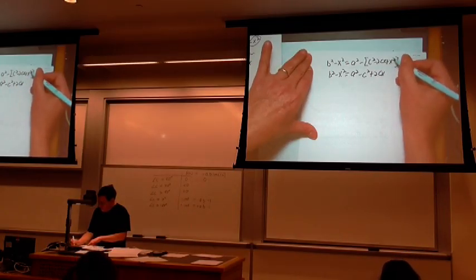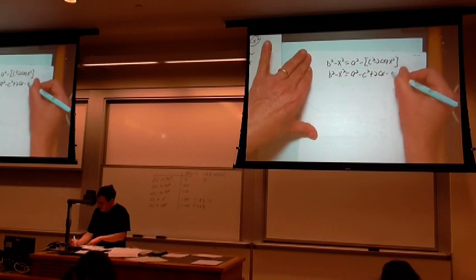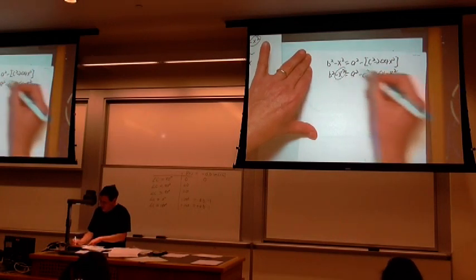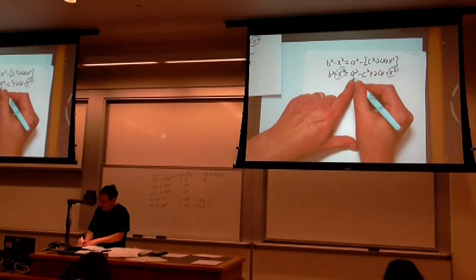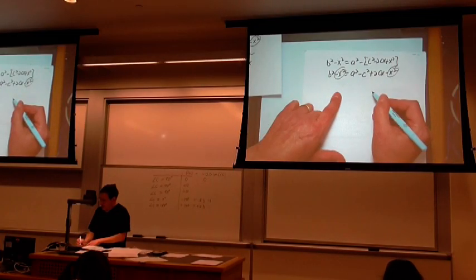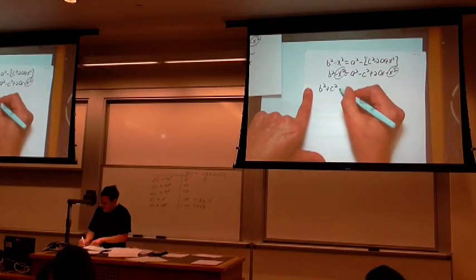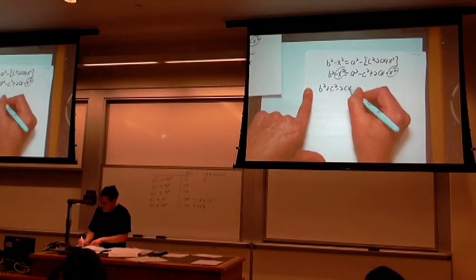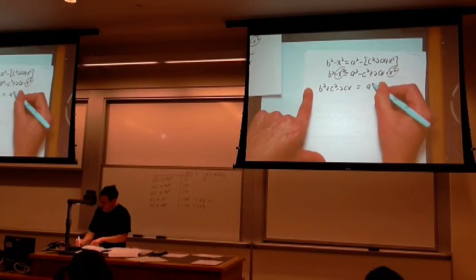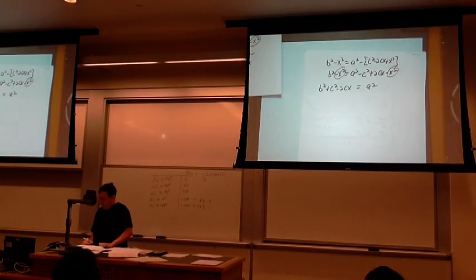Oh, the x squared already, minus x squared, okay. The x squareds cancel, and now I'm going to solve for a squared. I'll leave a squared on this side, that'll make it simpler. So on this side I get b squared plus c squared minus 2cx equals a squared. Are we happy with that?